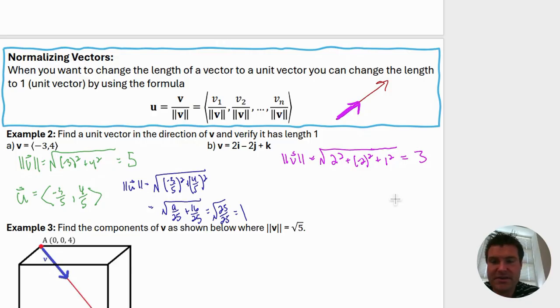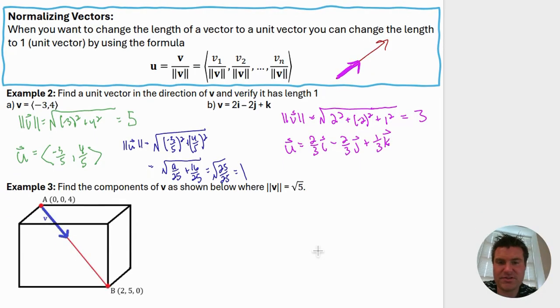So now let's go ahead and rewrite this vector as u. Since the question is asking this in the ijk form, the unit vector form, I'm going to do the same thing. I'm not going to change the way I write the answers. 2/3 i, -2/3 j plus 1/3 k. All right, that's a fantastic answer. Do you want me to verify that? Oh, sure, I will verify that.